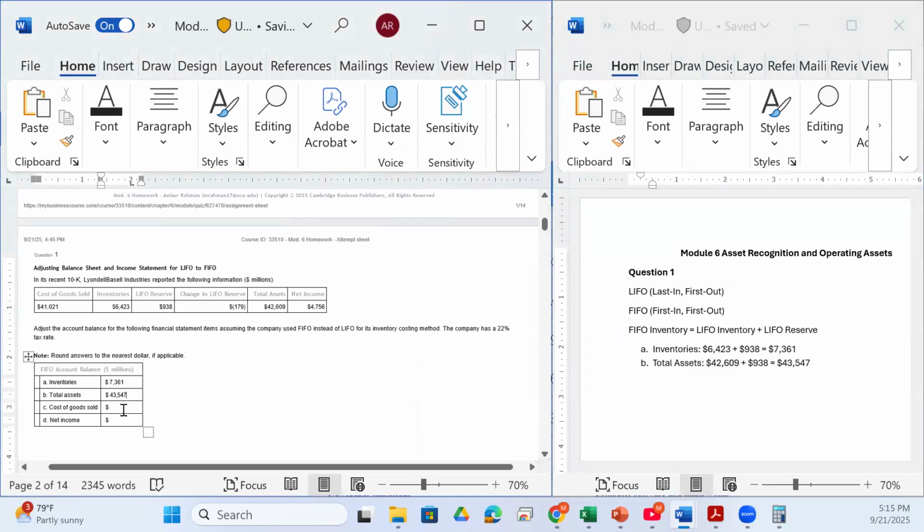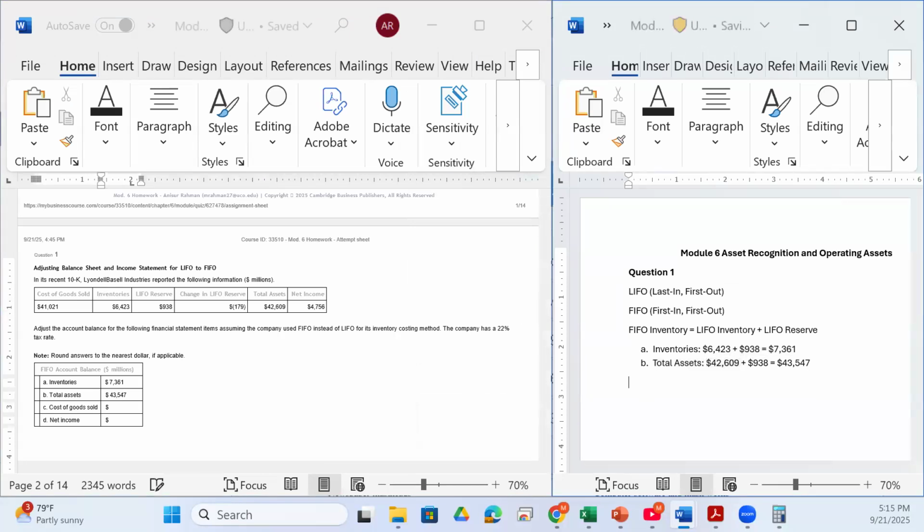Okay. Now cost of goods sold. So in case of cost of goods sold, what happens? Your cost of goods sold under LIFO is overestimated, right? Because you are moving the more expensive inventory to the cost of goods sold. So cost of goods sold are higher than they should be under FIFO.